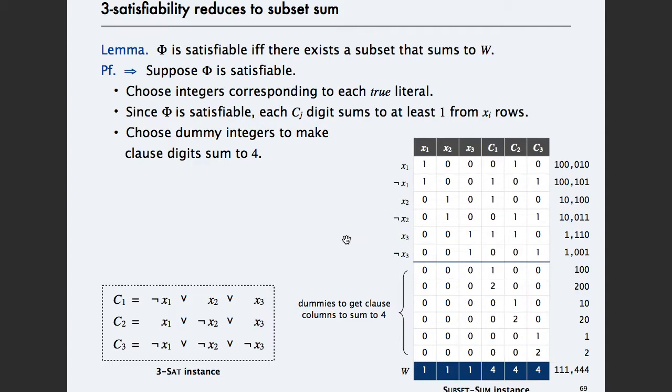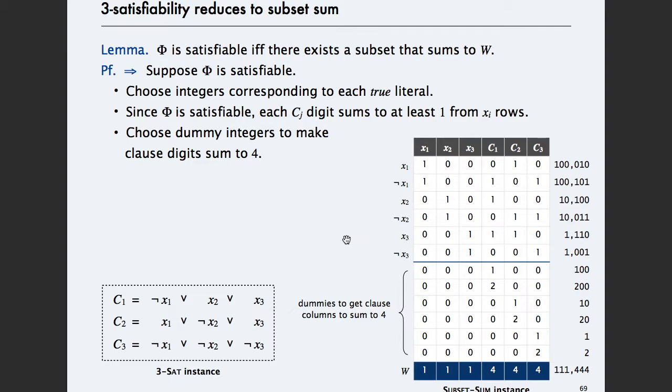Cool. So what we're trying to do here is cheat and create numbers so that subset sum is equivalent to 3-SAT. We're going to do that by creating numbers that have a gajillion digits, potentially. We are going to create one column, one digit, one space per variable.